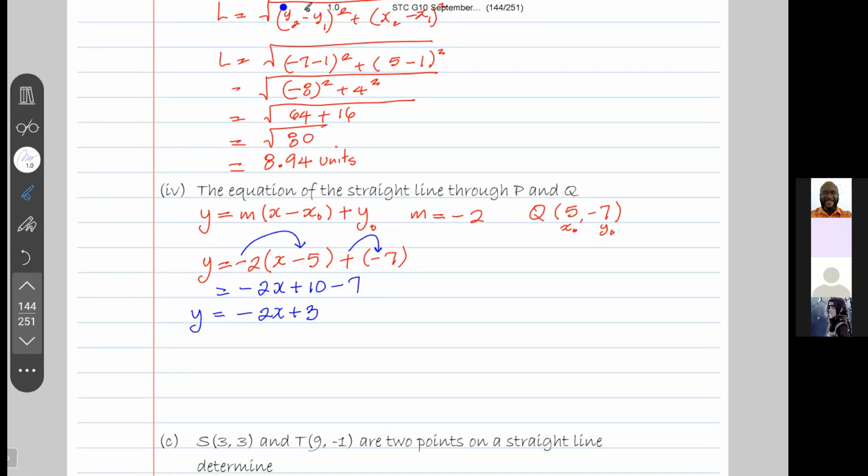Once you know m and you know c, you know the equation of the line. So once you know m and you want to find the equation of the line, technically what you're really trying to find is c. All right, so that is the coordinate geometry formulae in action.